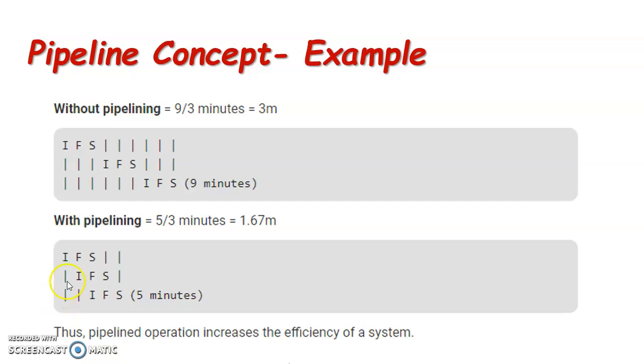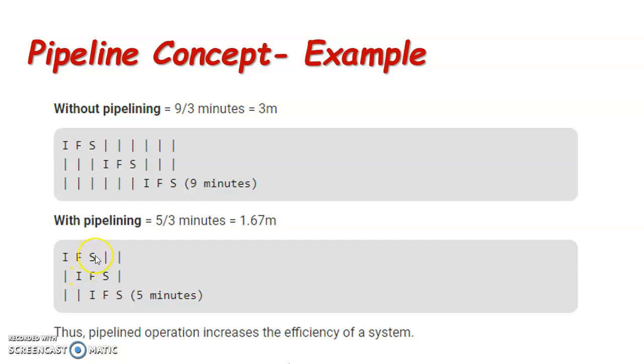But in a pipeline system, the first bottle is inserted in stage 1, and in the second minute, the first bottle is filled in stage 2, and the second bottle is inserted at stage 1.